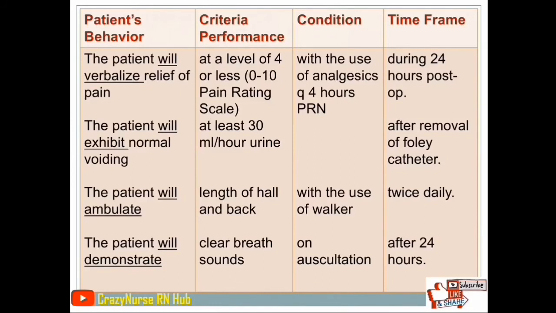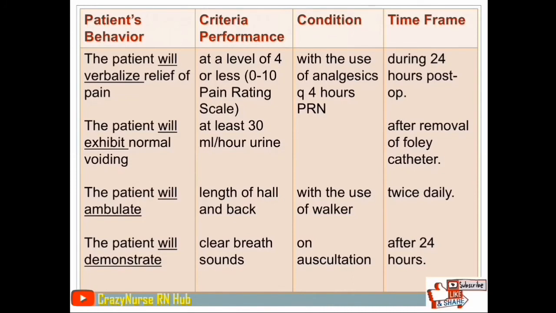First, the patient will verbalize relief of pain, a level of 4 or less, based on 0 to 10 pain rating scale with the use of analgesics every 4 hours, PRN, during 24 hours post-op. Another outcome statement is the patient will exhibit normal voiding, at least 30 ml per hour urine after removal of Foley catheter.